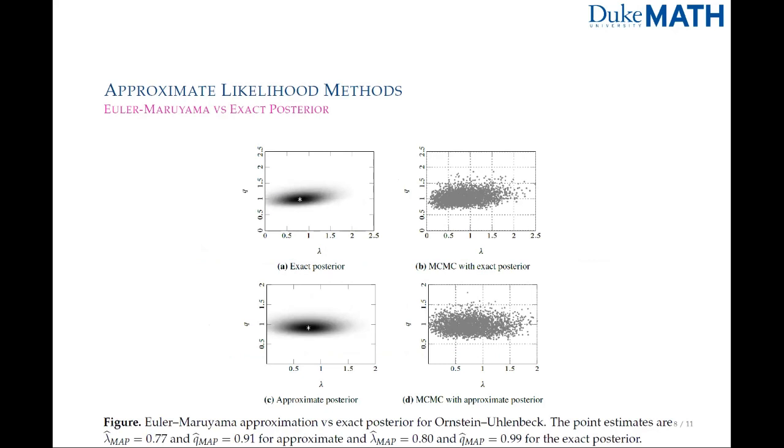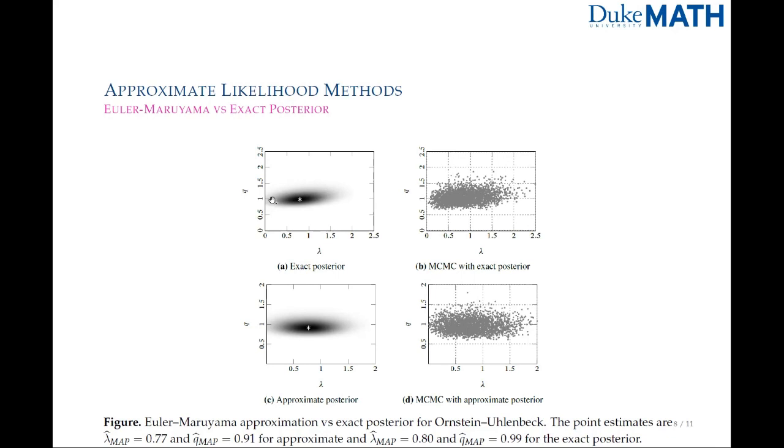So this is an illustration of how different the exact posterior and the approximate posterior from the Euler-Maruyama approximation can be for the Ornstein-Uhlenbeck process. Here you can see subtle differences between these two distributions.